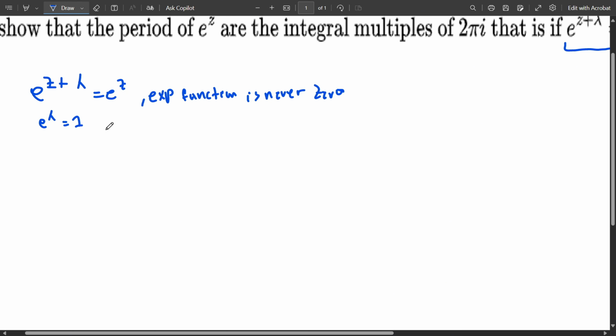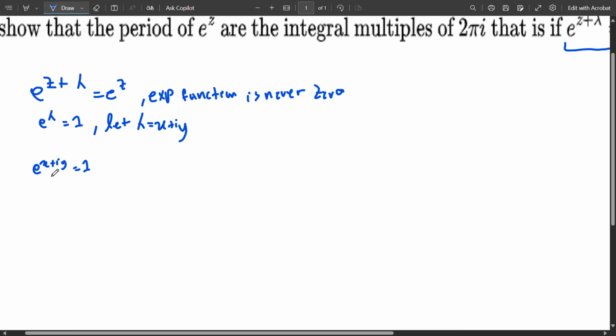Well, lambda, we can let lambda equal x plus iy. We can substitute lambda, which is x plus iy, so e to the x plus iy equals 1.